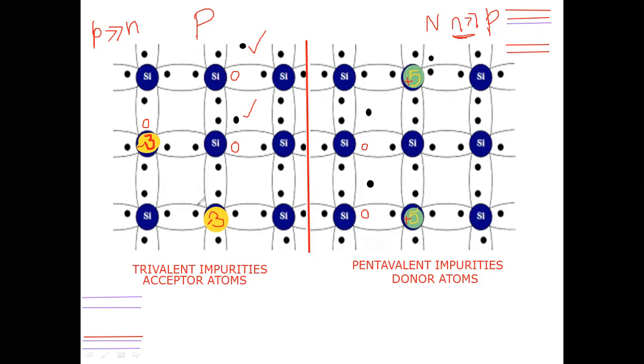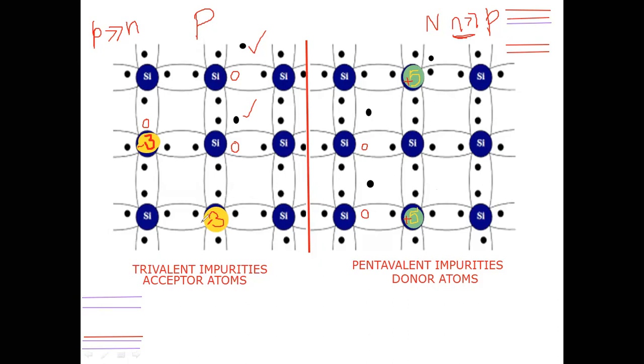Now in this example, this pentavalent impurity atom has no electron here. This trivalent impurity atom has no hole here. This pentavalent impurity atom has no electron here. This trivalent impurity atom has no hole here.